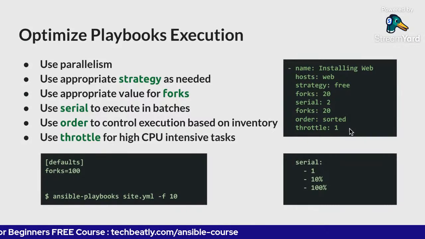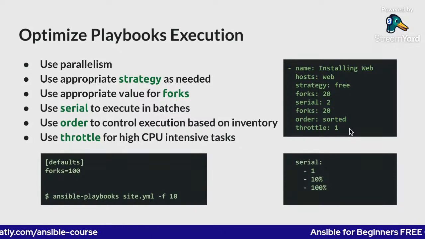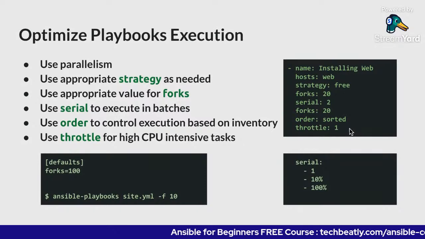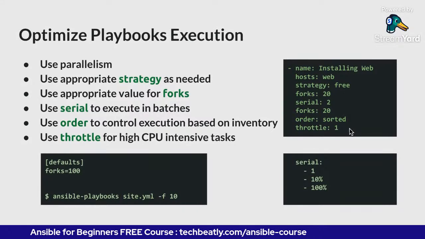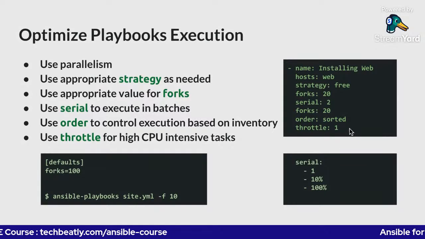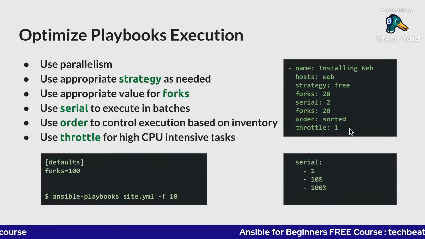Read the documentation to learn about this. I found some playbooks doing report generation for thousands of servers and taking a lot of CPU. Try to use the throttle so your Ansible control machine or engine will not hang. And that's for the playbook execution.